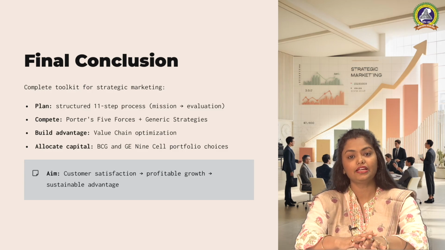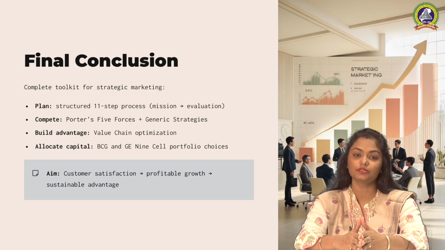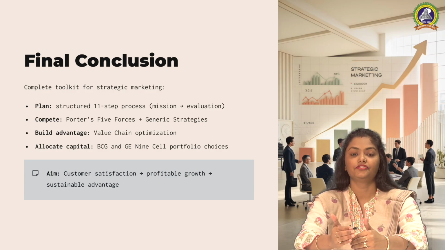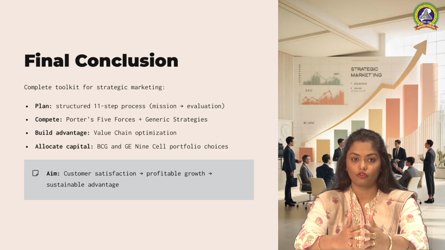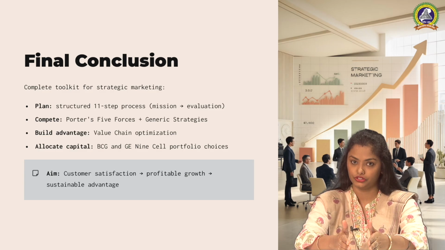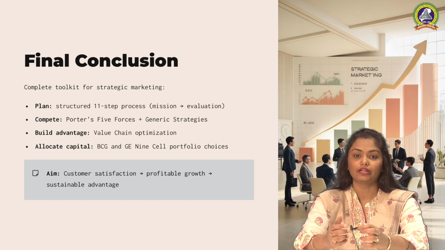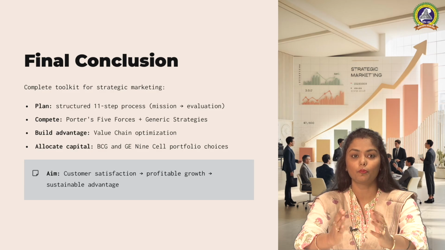Finally, we explained the powerful analytical models that strategists use within this process. We learned how Porter's 5 forces and generic strategies help us to analyze the competitive environment and choose a position. We use the value chain model to look internally, identifying primary and supportive activities to build a competitive advantage.